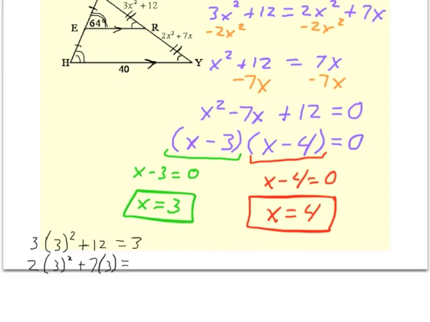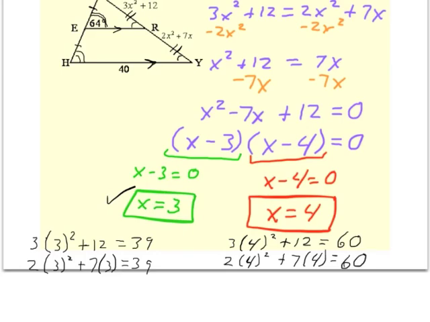And both of those end up being 39. So I know that x equals 3 is a possible answer. Let's check x equals 4 as well. Both of those make that length 60. Now since both of these sides are positive, it is possible that x is either 3 or 4. So we have two answers in this case, 3 or 4.